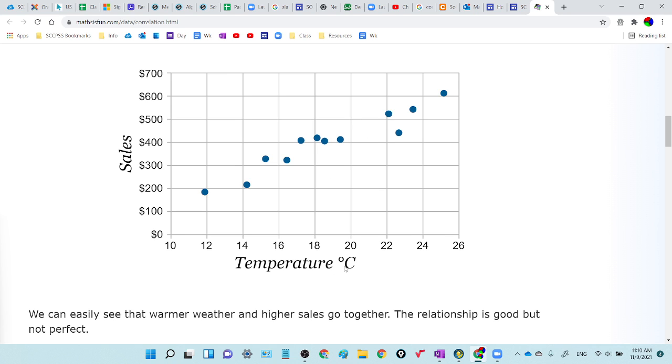So today I'm going to show how to use Desmos for plotting scatter plots. So we will talk about those, and then we are going to talk about a line.